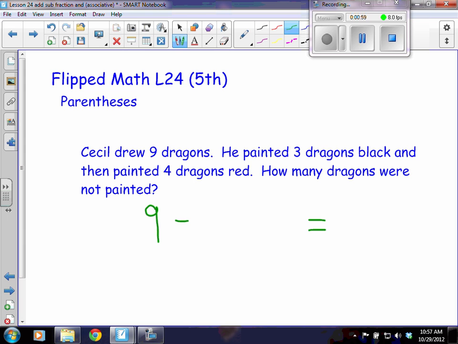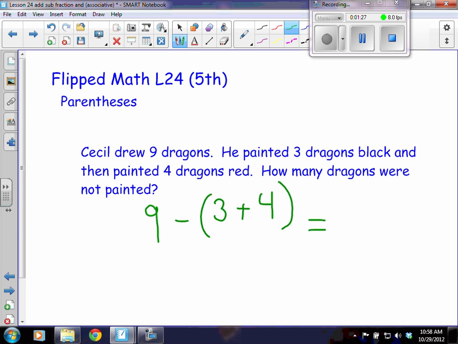From here we can see that we have a combination of 2 numbers. We have our first number of the first 3 dragons being painted added to the next 4 dragons being painted. And so we have a problem that looks similar to this. Now, according to our order of operation and our rules, when we see parentheses, that means we need to do that first.